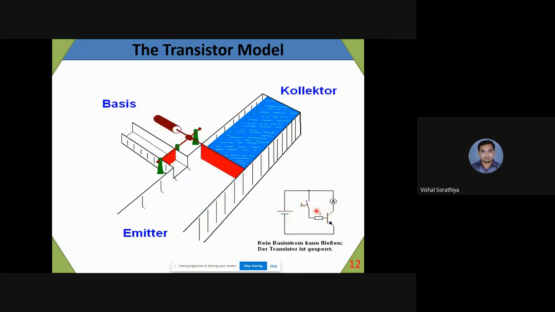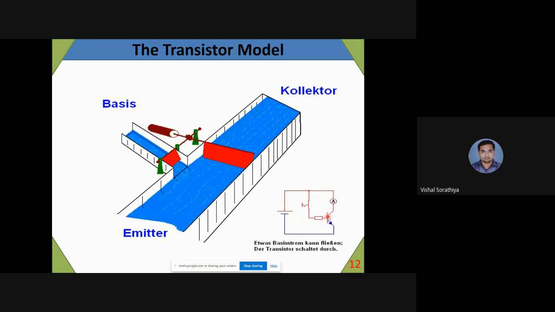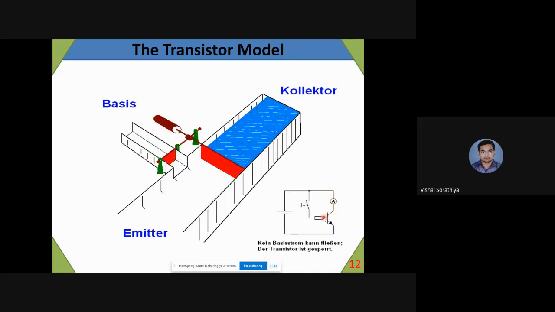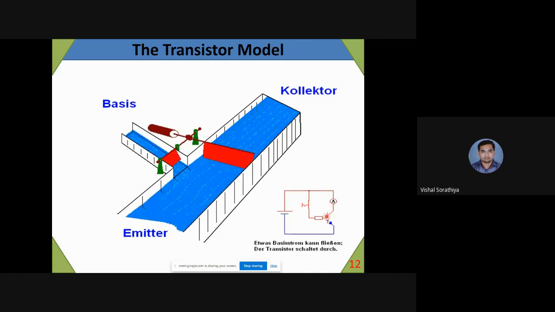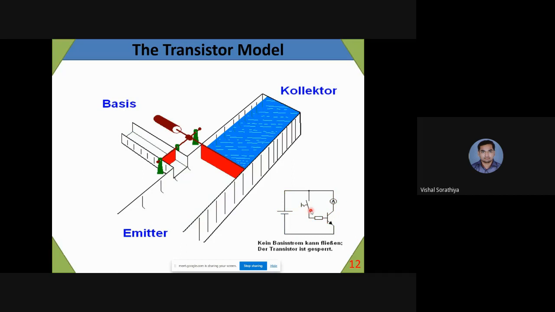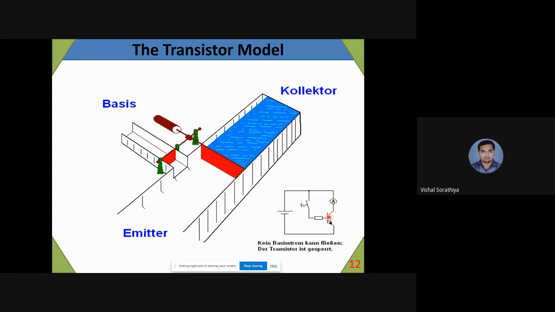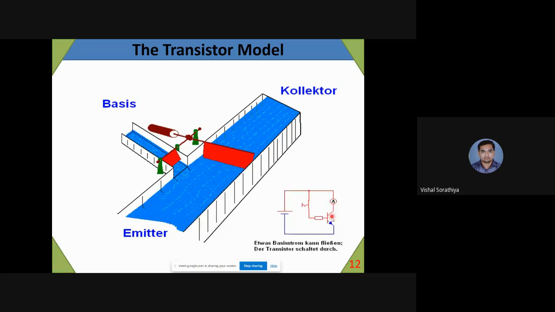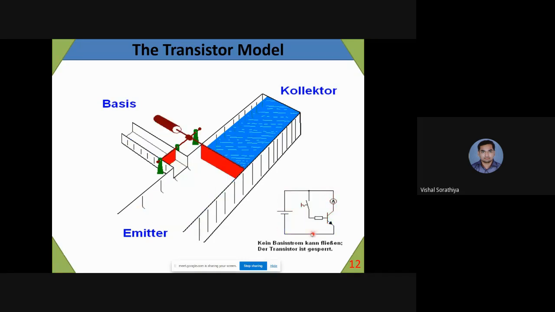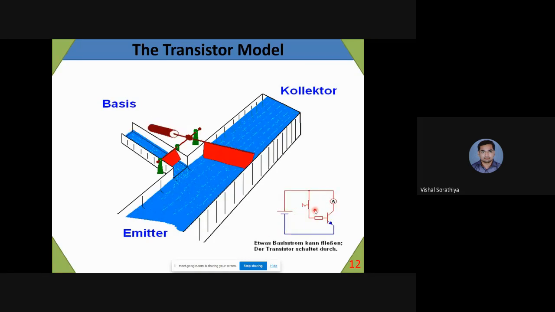Okay, so the base terminal here becomes a controlling terminal. If you have not given sufficient power supply to the base, the transistor is not going to be on and the complete circuit flow will not start. So here the transistor is working as a switch.